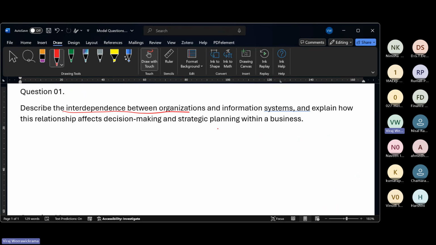First of all, you have to explain the interdependence between the organization and information systems. Give me the points. How can you define the interdependence?